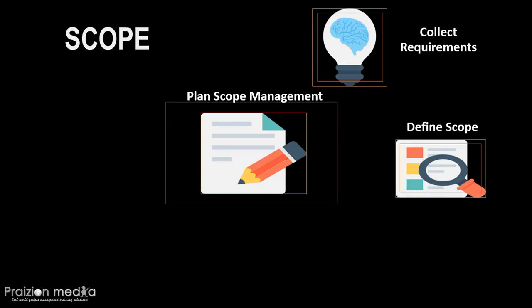Entirely different in that collect requirements identifies the features in the product, service, or result to be delivered, while define scope clarifies the work that must be carried out to deliver a deliverable with those requirements. Features versus work. They are two different processes.